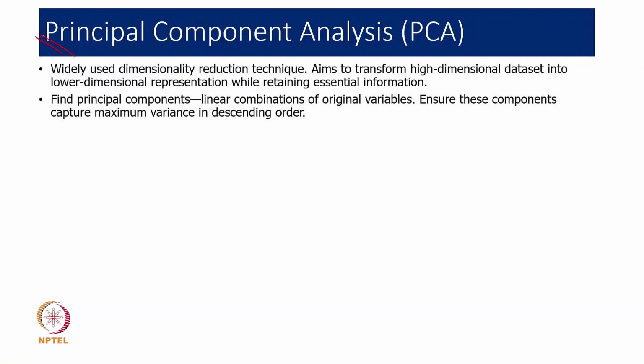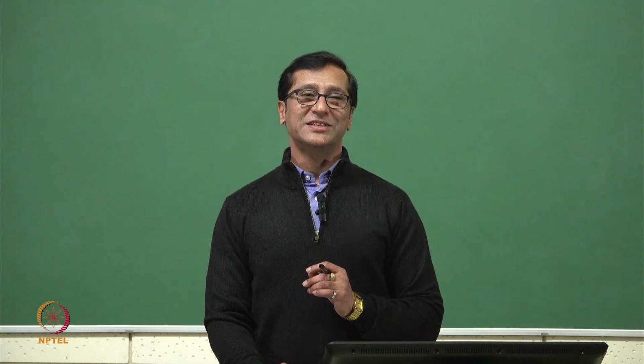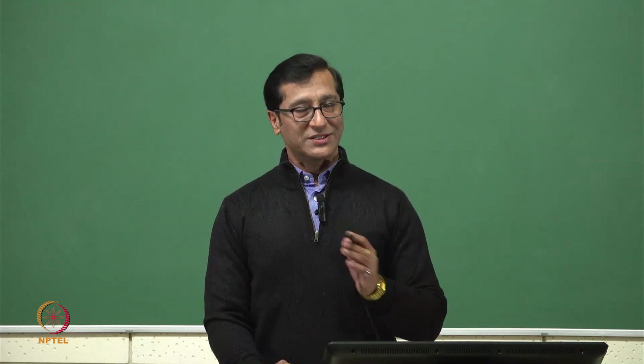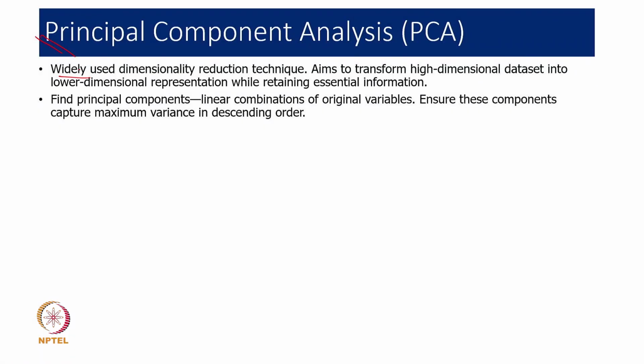Now, towards the end, principal component analysis has been mentioned in a number of books and articles, so I'm just trying to give you some sort of overview. PCA is a widely used dimensionality reduction technique. We try to reduce the dimension using PCA. The aim is to transform a high dimensional data set into a lower dimensional representation while retaining essential information.